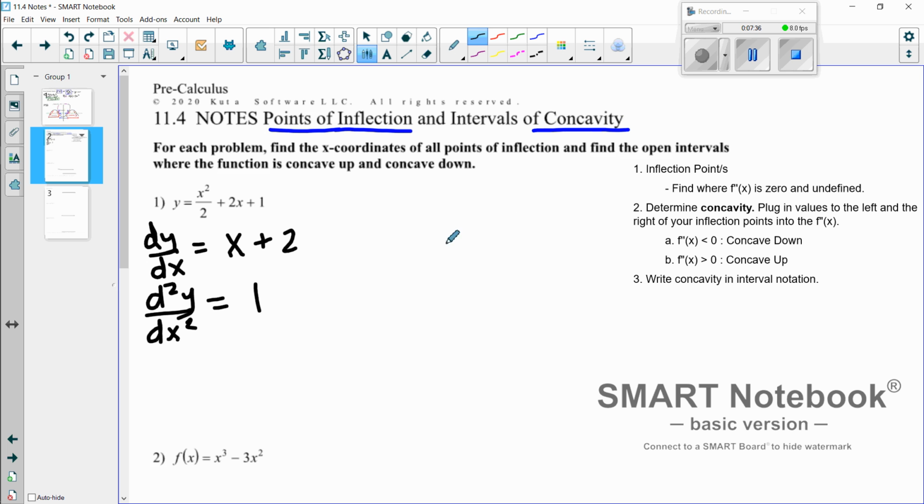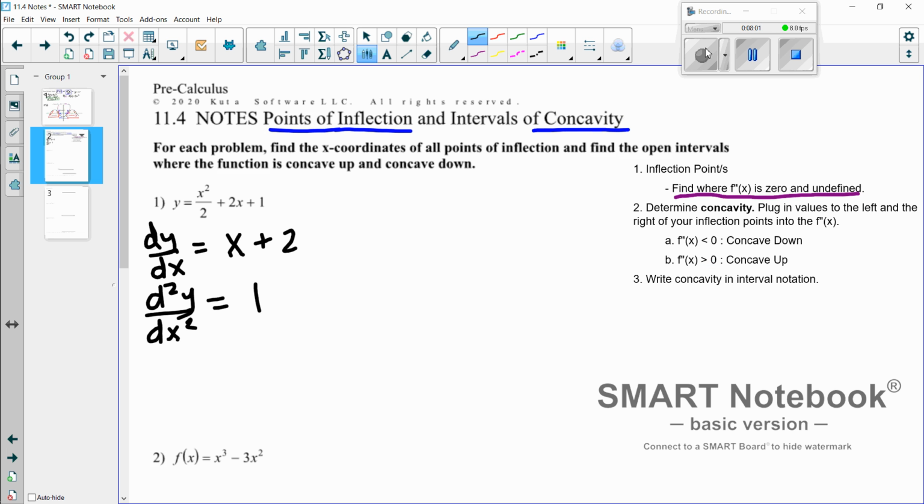Now, our next step is to do exactly what we did when finding if the function is increasing or decreasing, which is finding where our second derivative is 0 and undefined. Now, here, it's definitely not going to be undefined, and it's also not going to be 0 either.